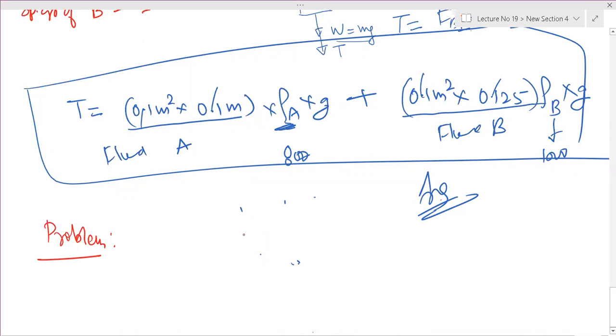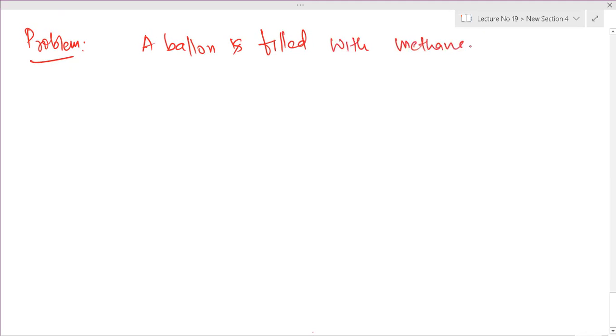A balloon is filled with methane of density 0.75, this much allowed.